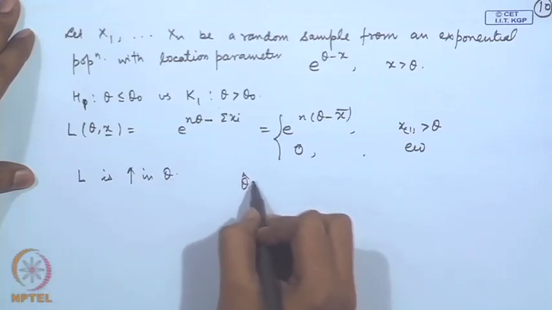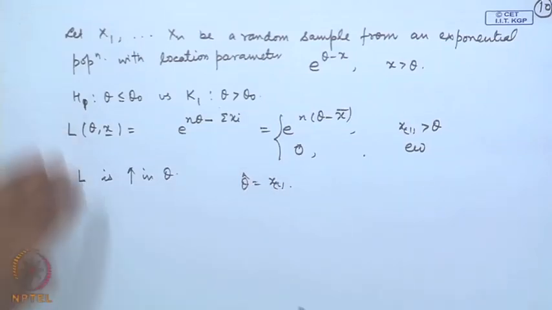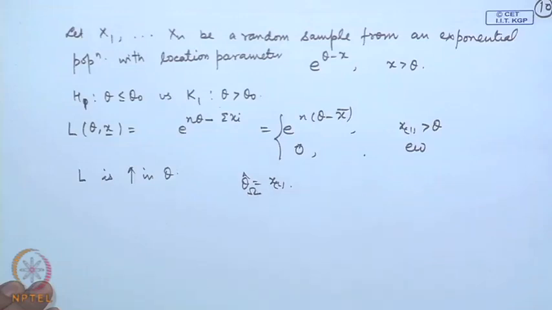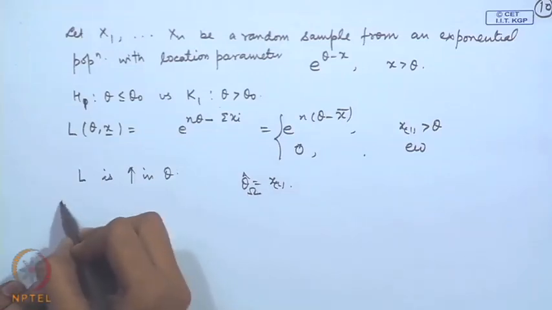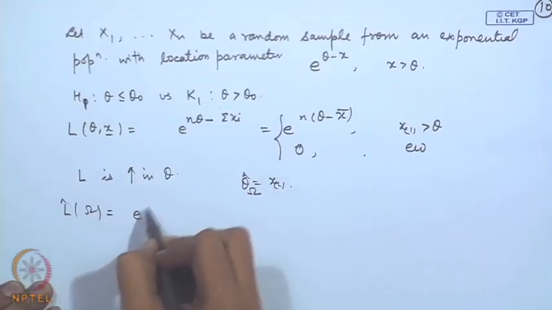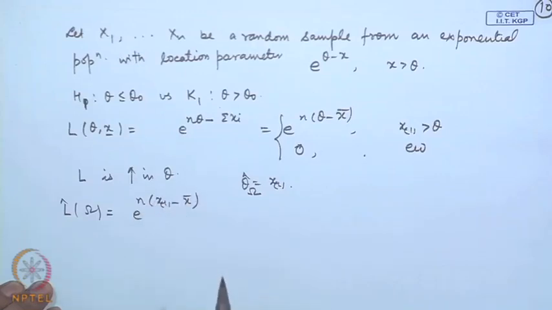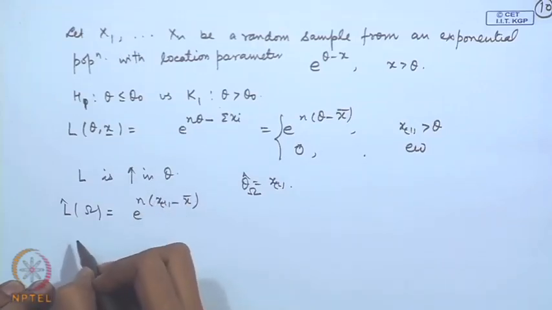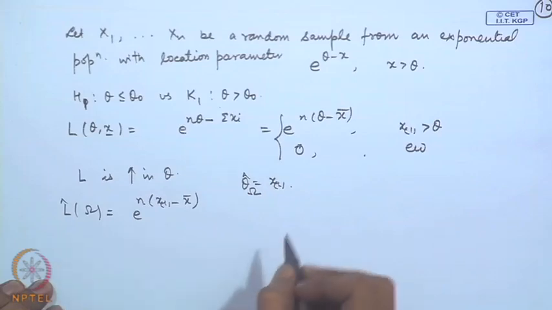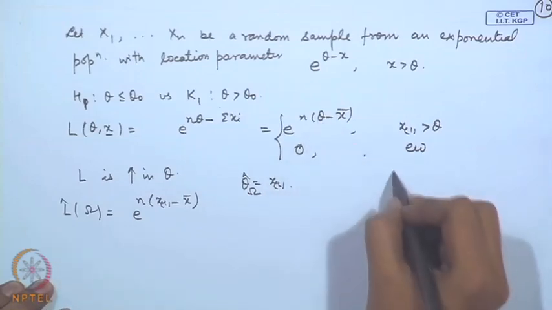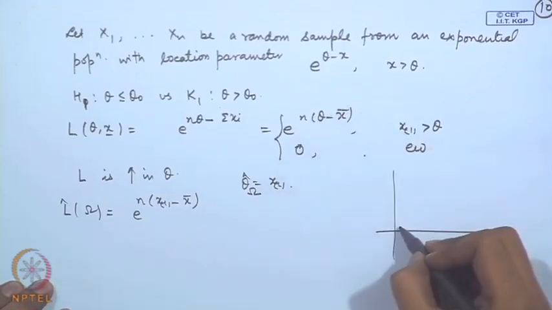So, theta hat is equal to x 1, this is over omega. So, L hat omega is nothing but e to the power n x 1 minus x bar. Let us consider omega h. For omega h, now this is an increasing function.